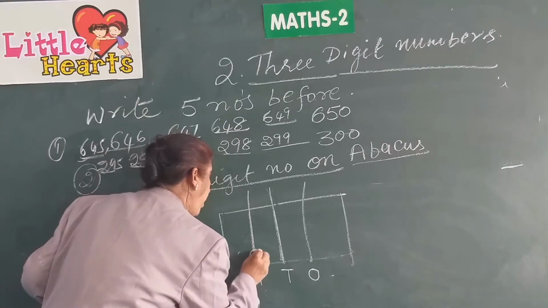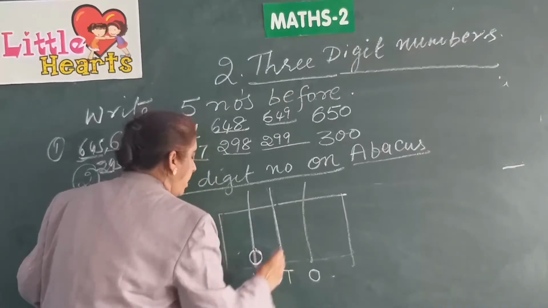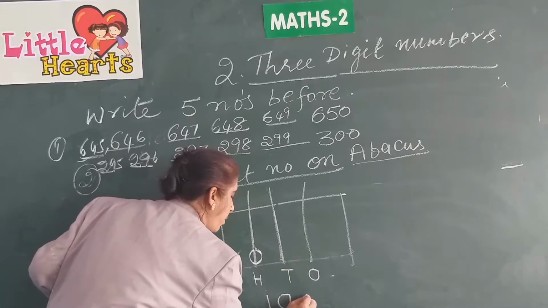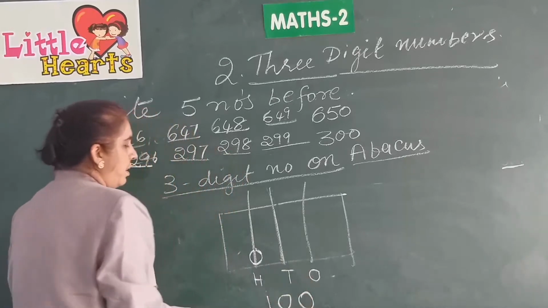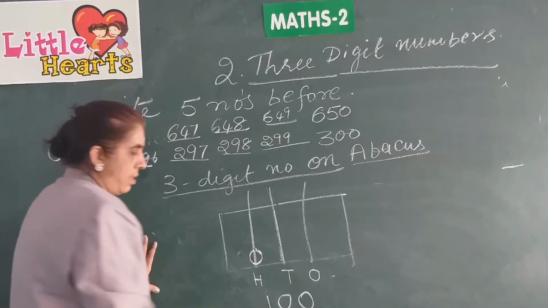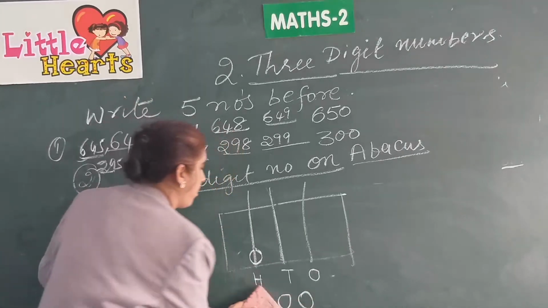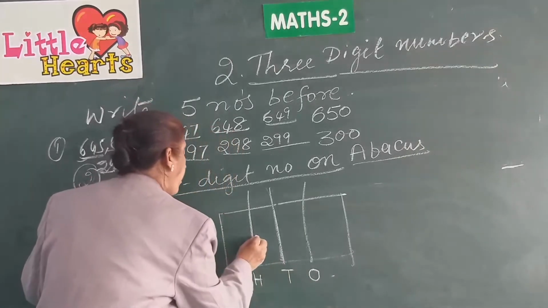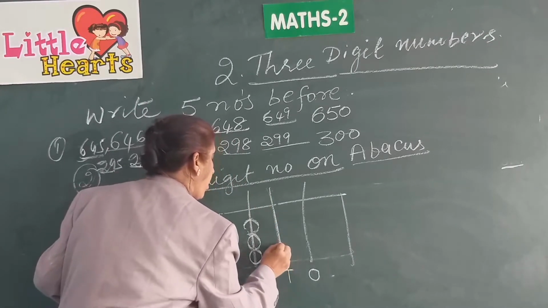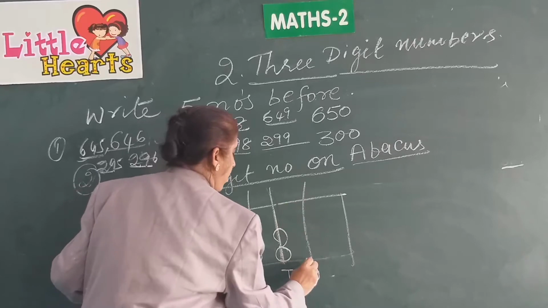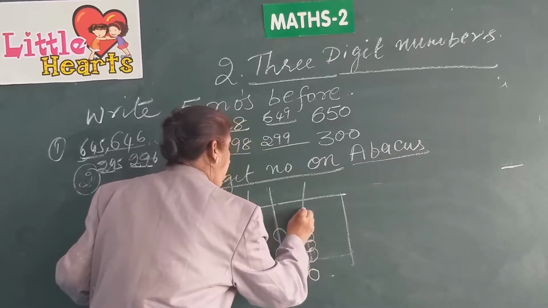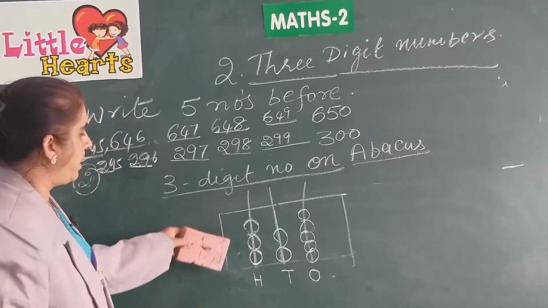There is only one bead here, there are no beads here. This is written as 1, 0, 0. That is, its number is 100. So count the number of beads in the hundreds place.